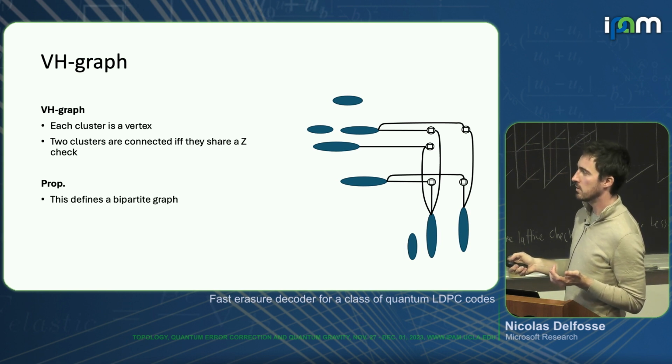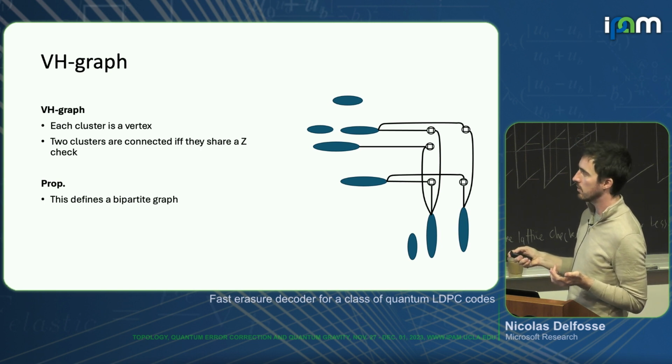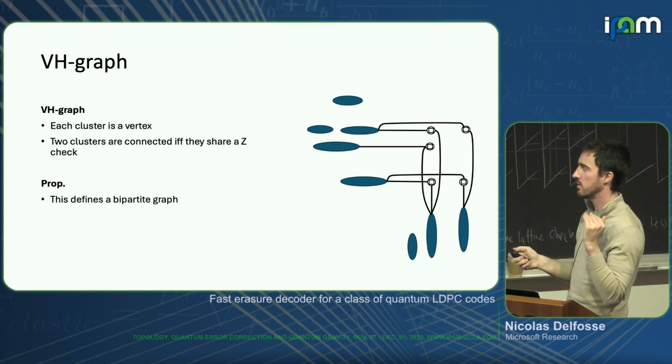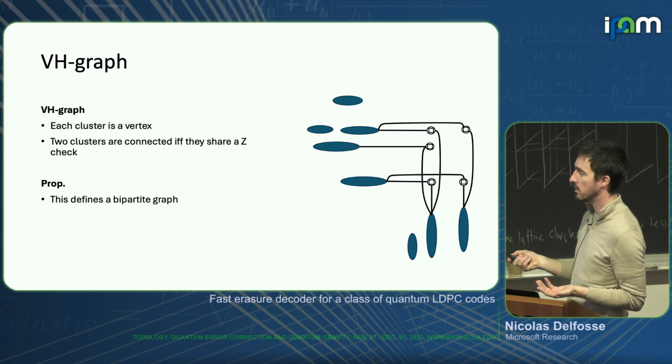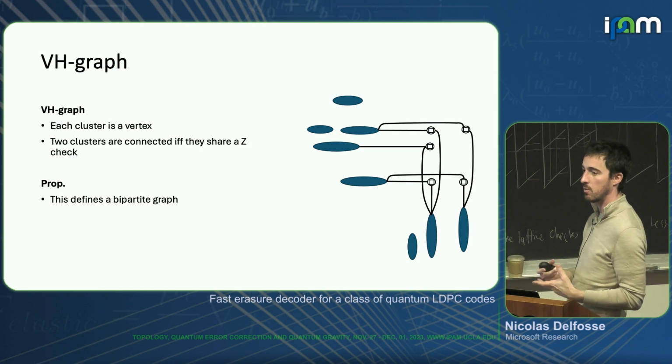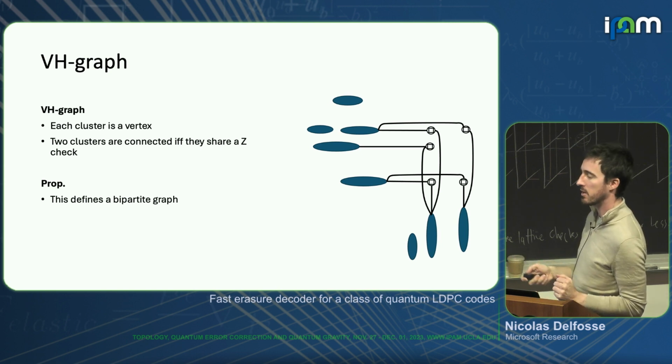And the observation is that it's a bipartite graph. There are 2 types of vertices: horizontal clusters and vertical clusters. And they are never connected with each other. There is no connection between 2 vertical clusters. Otherwise, they would belong to the same cluster. So that's what bipartite graph means.